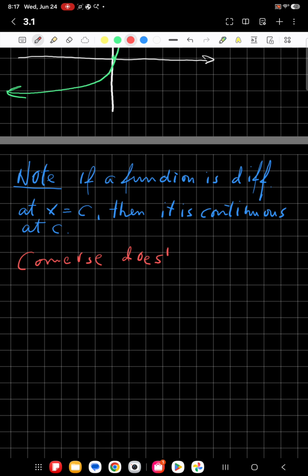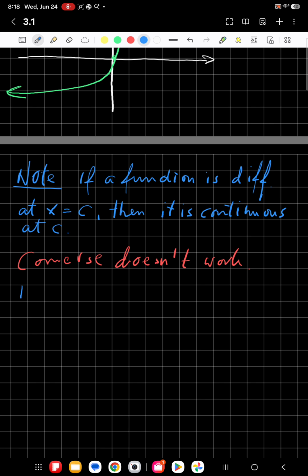It doesn't work. So that means, yeah, the function is continuous, doesn't mean that it's differentiable.